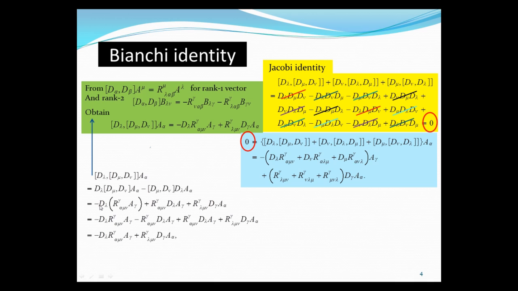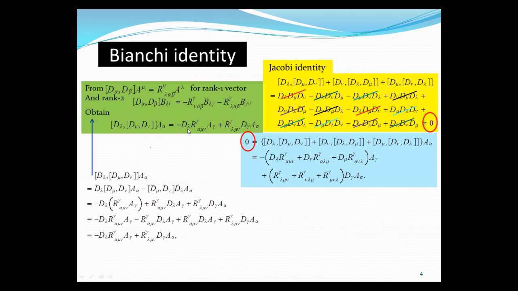Then when the covariant derivative acts on the Riemann tensor, holding A fixed, or acts on A with the Riemann tensor fixed, you get these two terms. But it turns out this term just cancels this term, so you get a simple expression here.